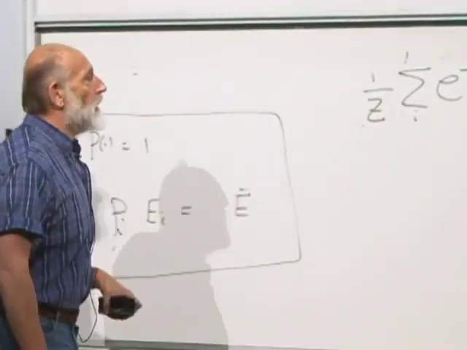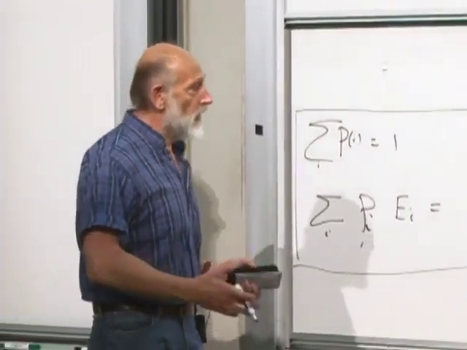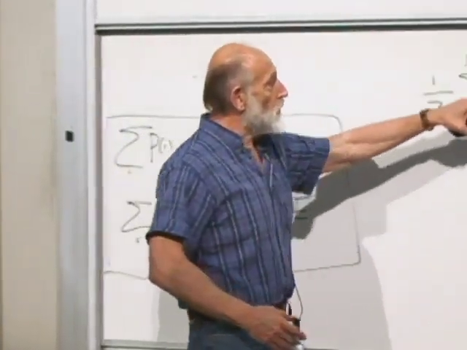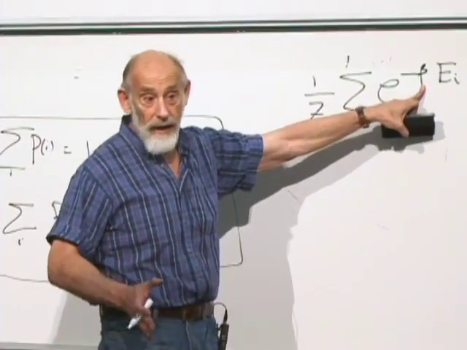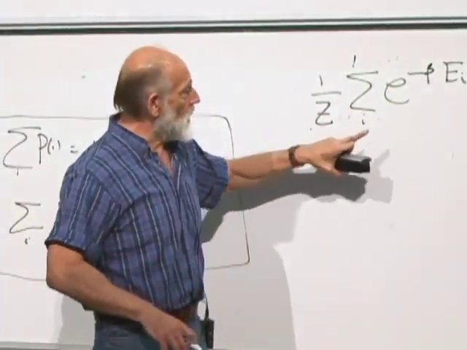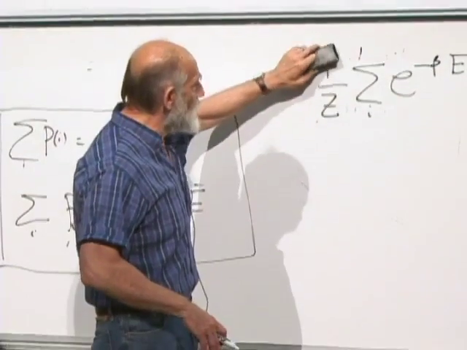Well, just by multiplying by Z, that tells us what Z is, at least as a function of beta. Remember, beta being temperature. So this gives us a formula for what Z is.